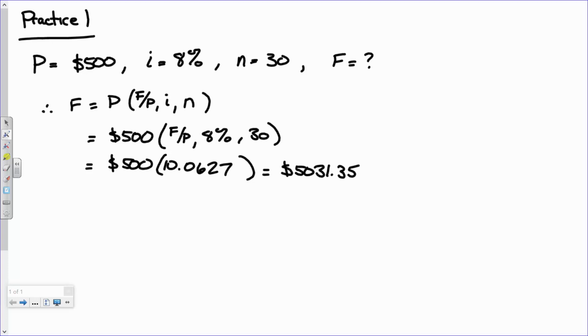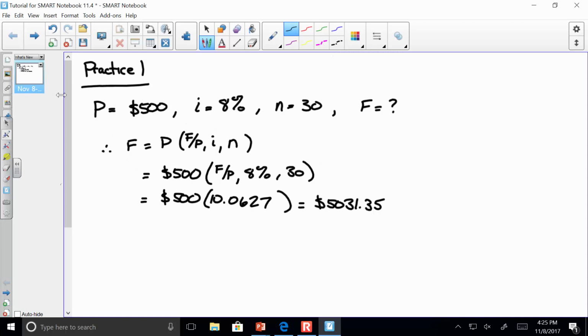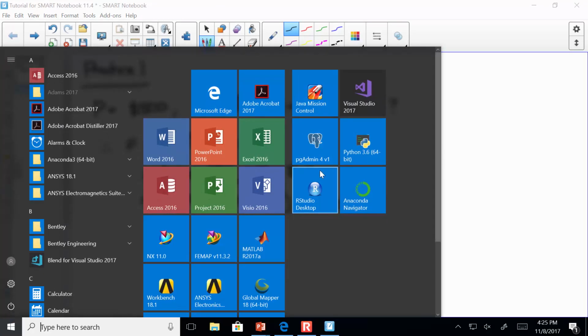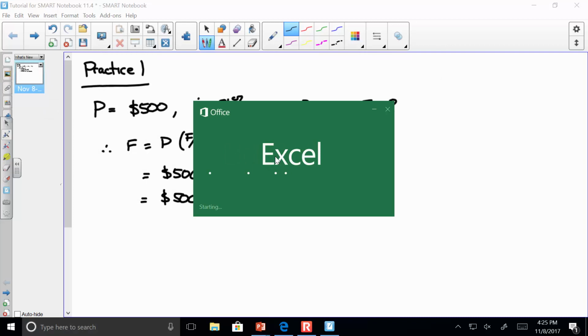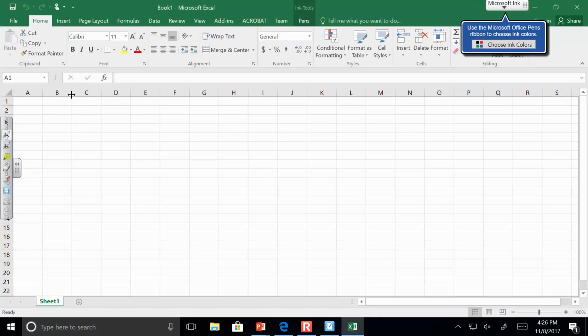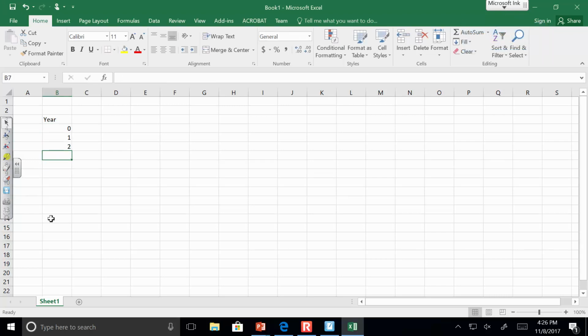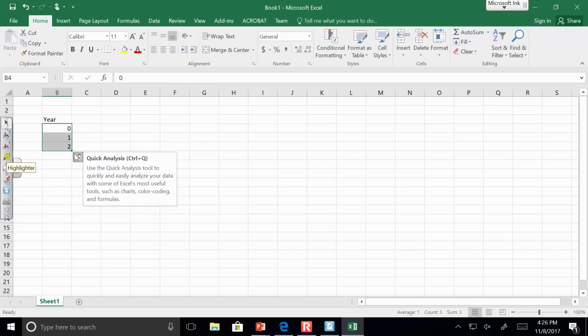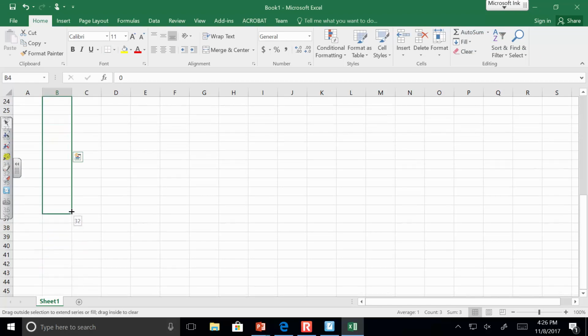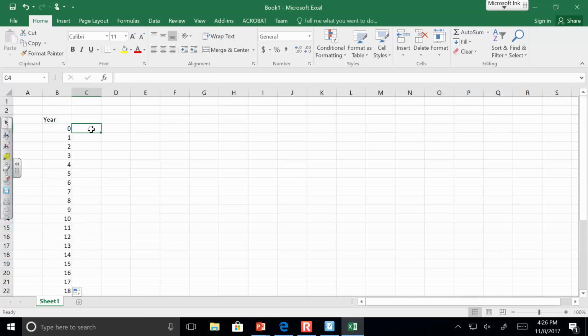If you're wondering what's going on here, I'm going to break out some Excel that you can't use on the exam, all right? We start out at year 0, then year 1, year 2, year 3, and so on. How many years was it? 30. We start out with $500, okay?